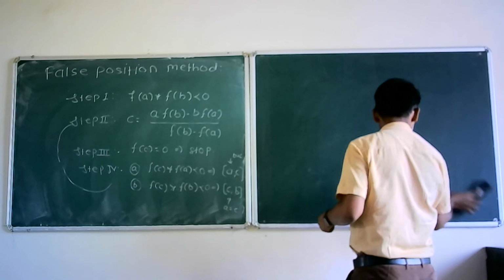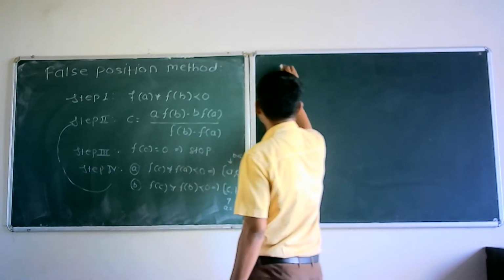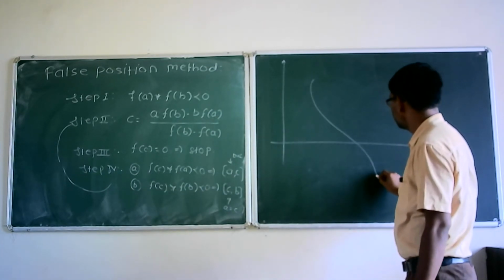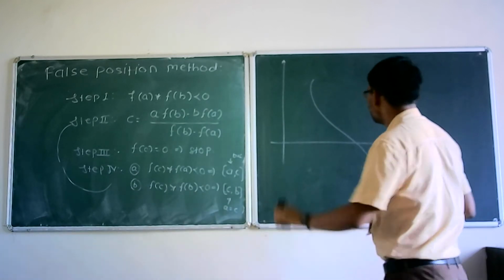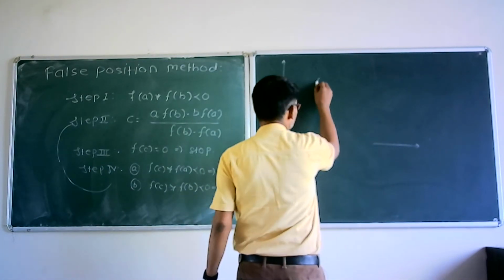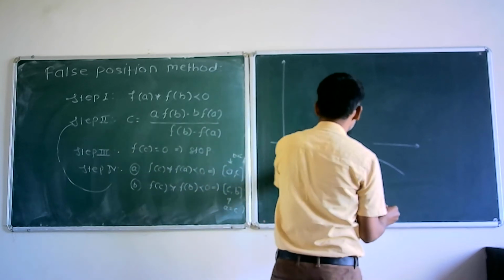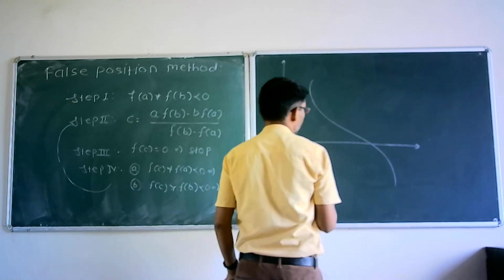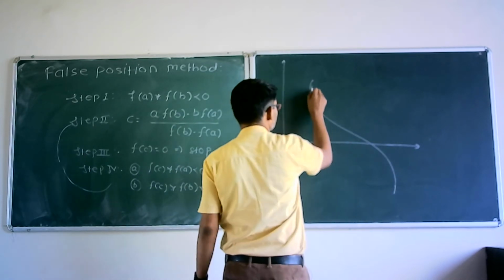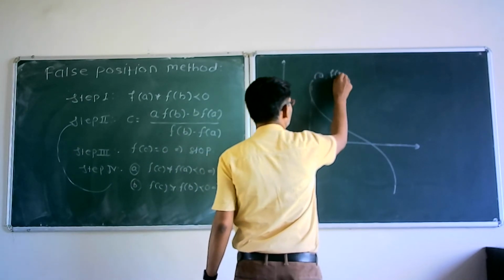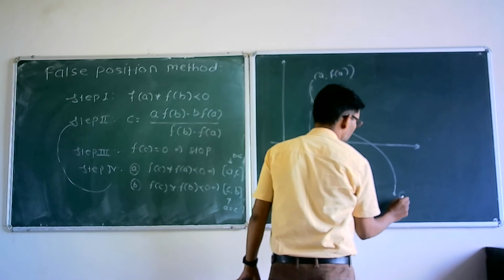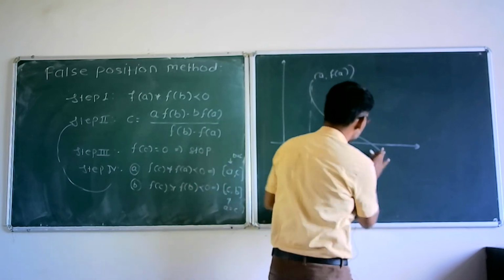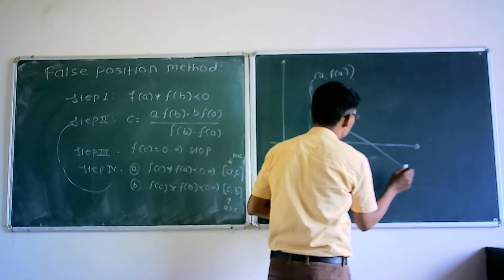Now in the regula falsi method, to interpret geometrically, here is the point a, f of a, and here is the point b, f of b.